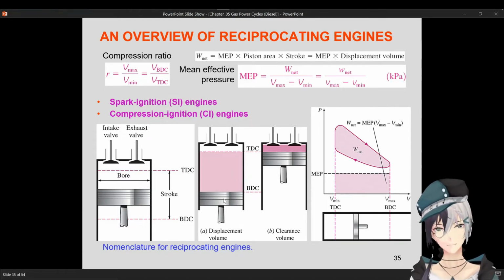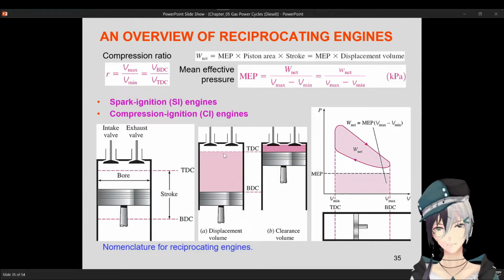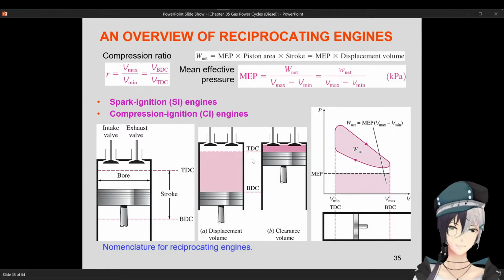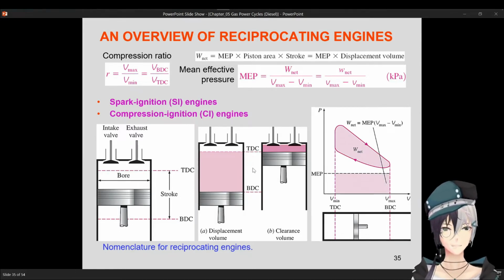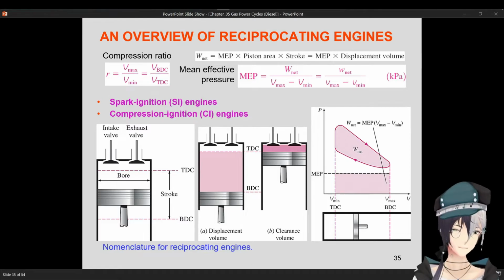That is the volume swept by the piston, which is also called the displacement volume. The stroke, as I've said, is from top dead center to bottom dead center.